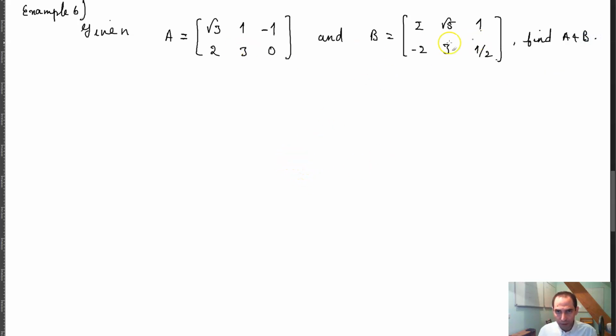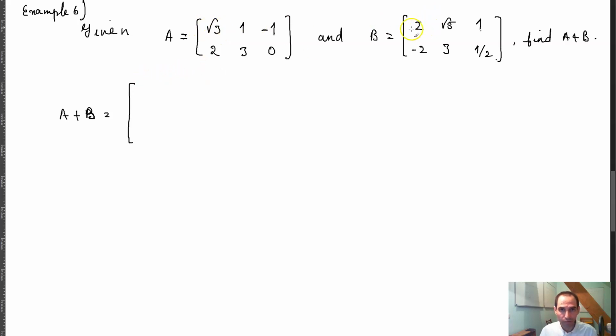So, as you can see, they are of the same order. Of course, we have no problem with the orders. So then you can write A plus B as a matrix in which each element is the corresponding elements of the two matrices added together.